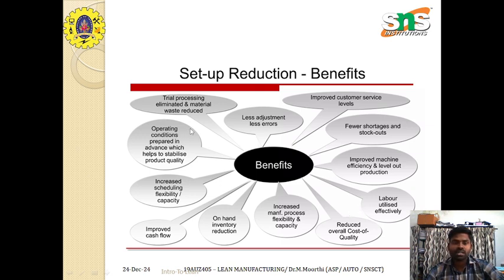It starts with trial processing, eliminated material waste and process waste, operating conditions prepared as per our requirement, increased scheduling flexibility and capability, improved cash flow, reduced inventory level, improved flexibility, reduced overall cost, improved quality, effective utilization of labor and machines, fewer shortages and stock outs, and an improved customer service level.